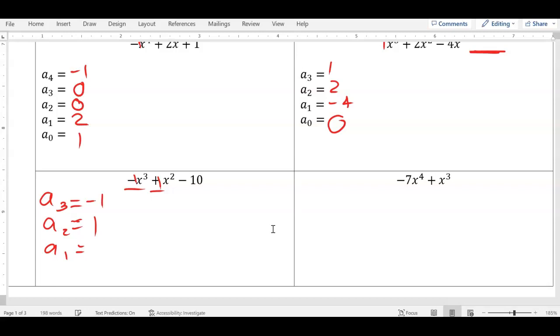Do you see an x by itself? There is no x by itself, so it's 0. And then a sub 0 is... No. A sub 0 is the constant. The number by itself. Negative 10. Right? A sub 1 was 0 because there's no x. A sub 0 is negative 10.